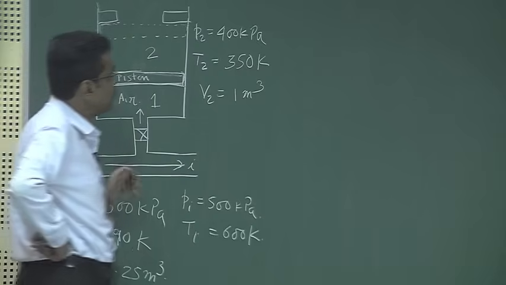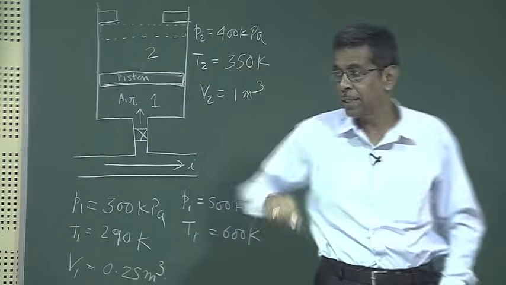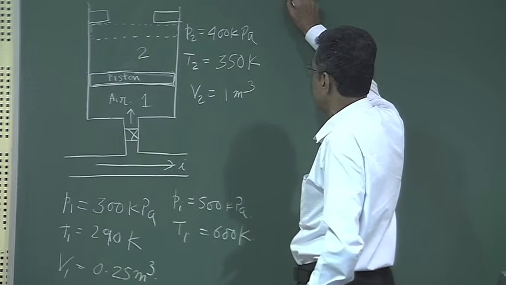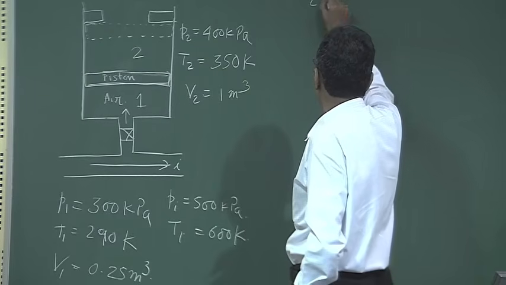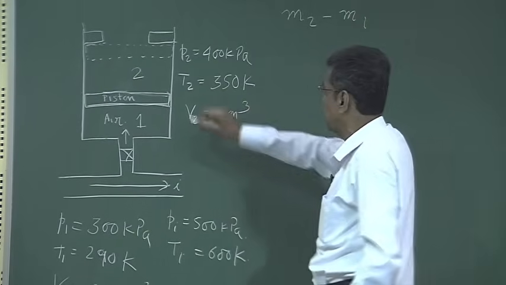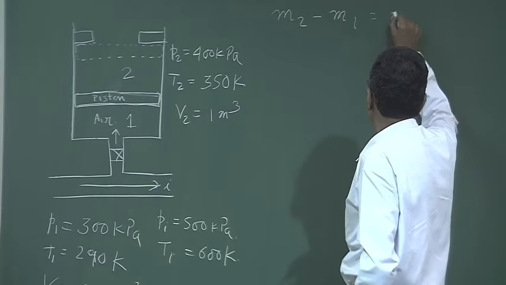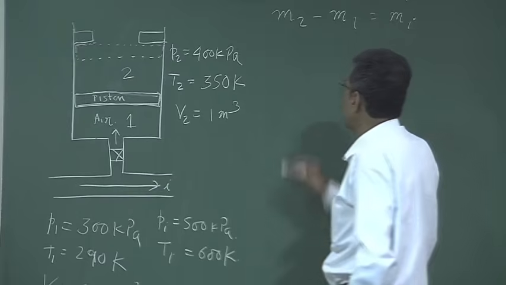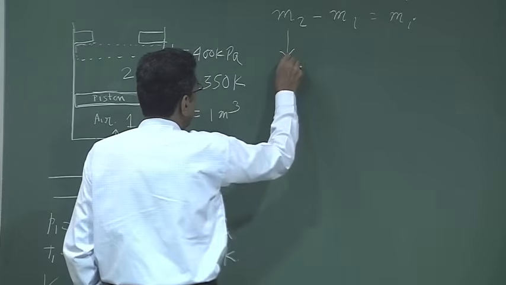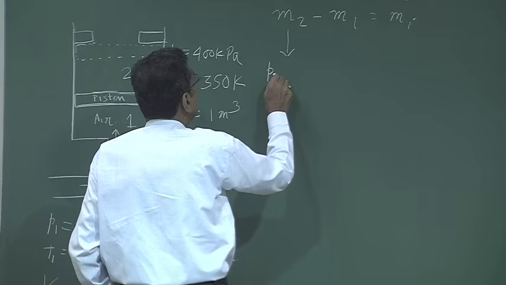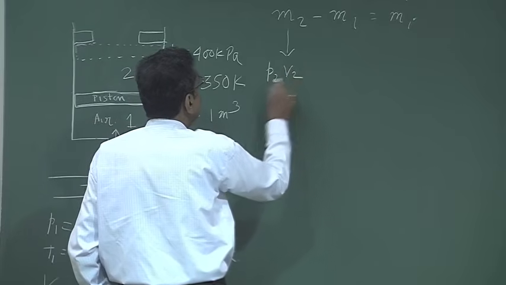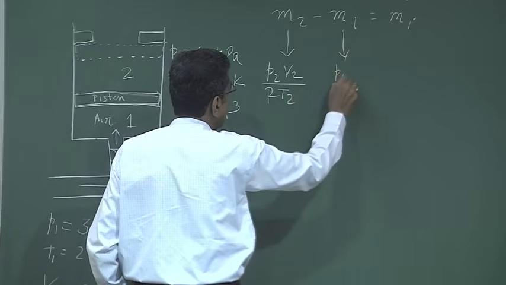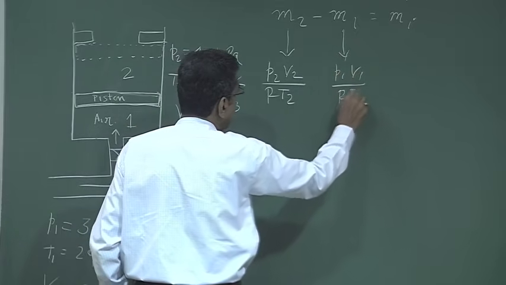So this problem is very simple when you understand it this way, and we can write the mass conservation. From mass conservation, m2 minus m1, that is final mass minus initial mass, is the mass that has entered through the line. Now m2 is P2 V2 by R T2, and m1 is P1 V1 by R T1.